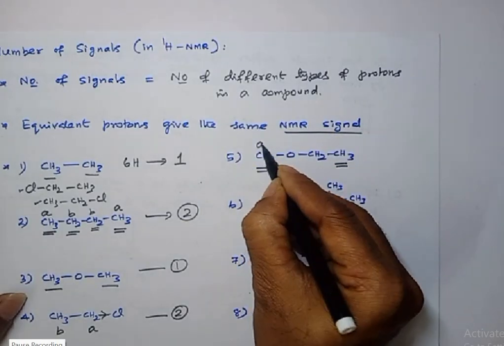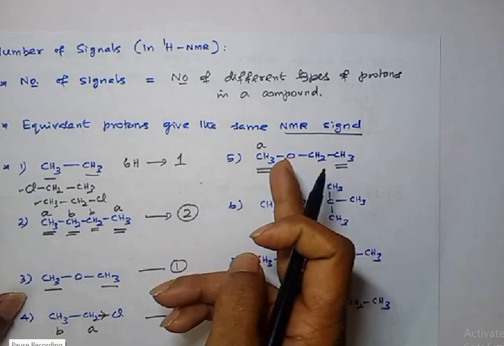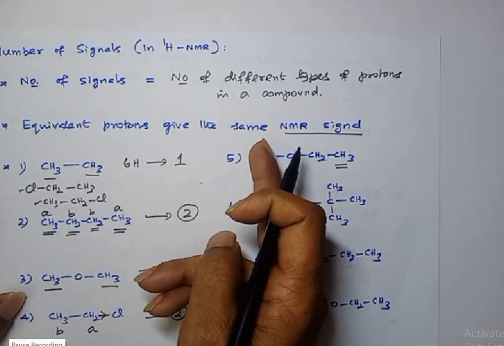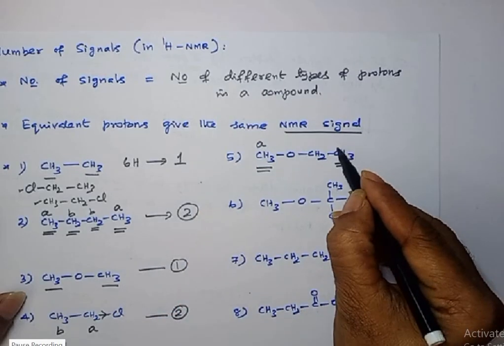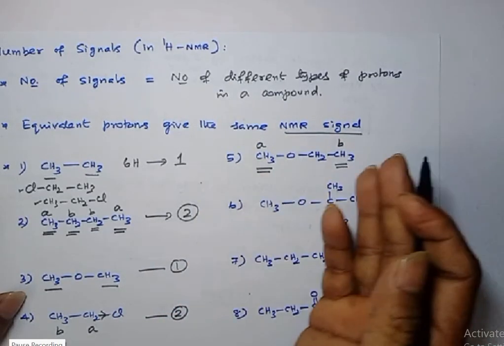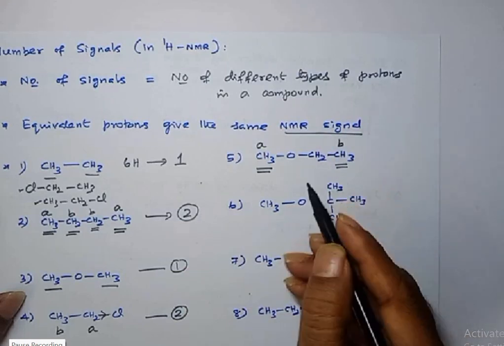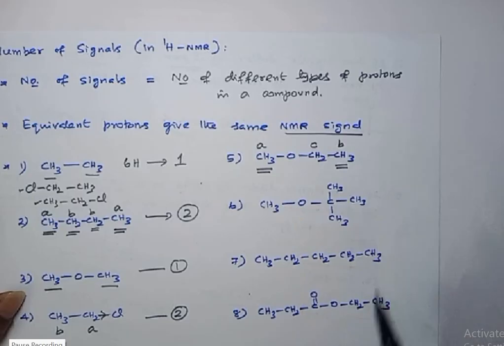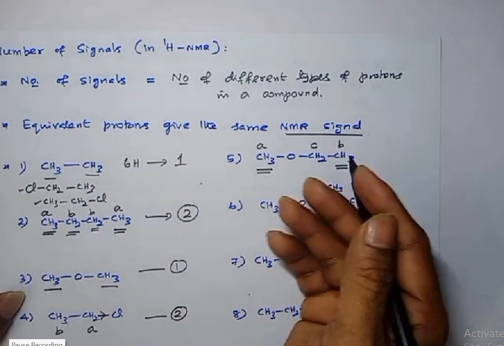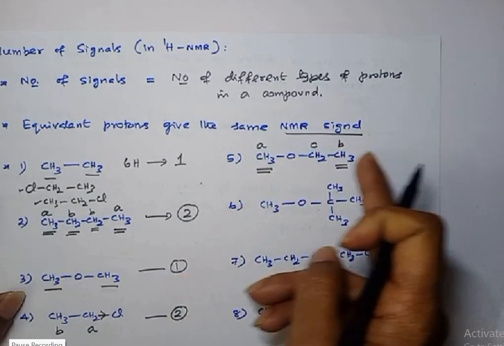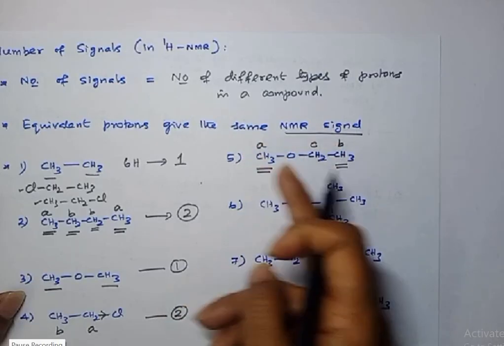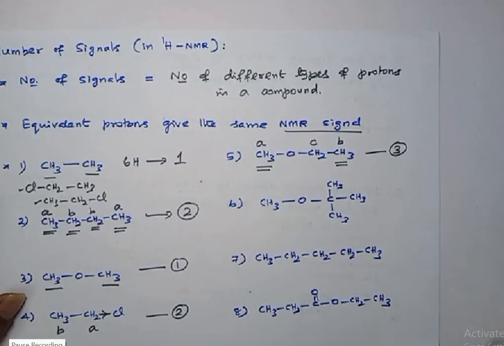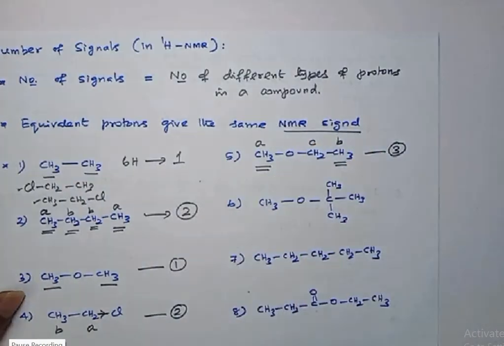If the protons attached to this methyl group are given symbol A, then these protons are different, so I'll give a different symbol B. And the protons attached to this carbon, the CH2 protons, are also different. Therefore, these protons should be given symbol C. So we have 3 different types of protons, and we get 3 signals in the NMR spectrum of this compound.